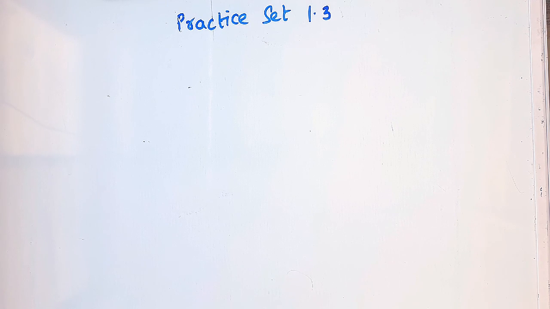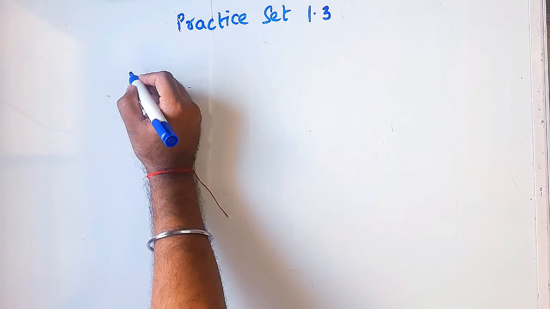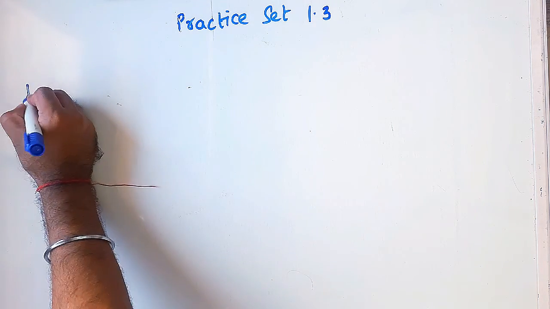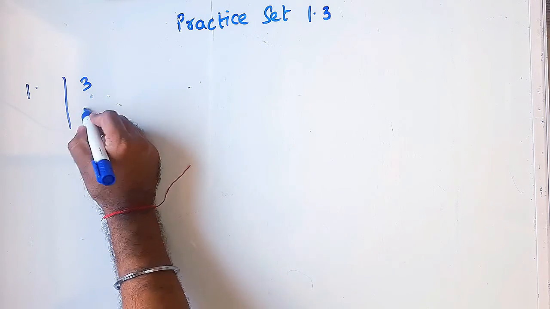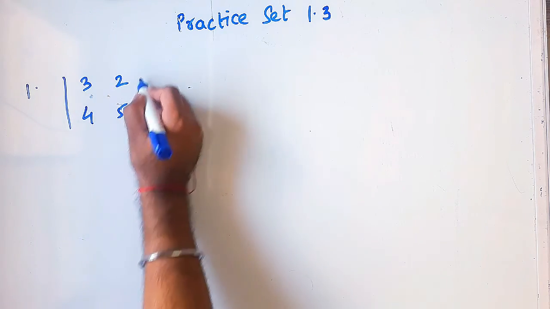Hello everyone, we are starting with practice set 1.3, standard 10th algebra. Here we have to do the sums with Cramer's rule. The first fill-up says 3 4 2 5.